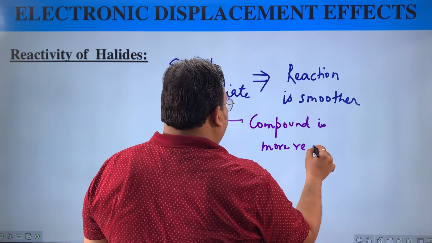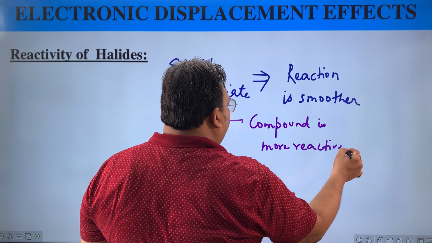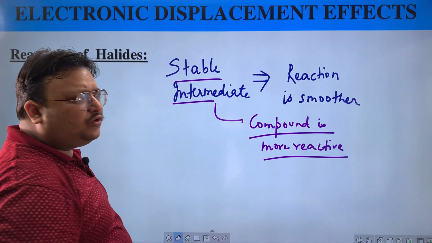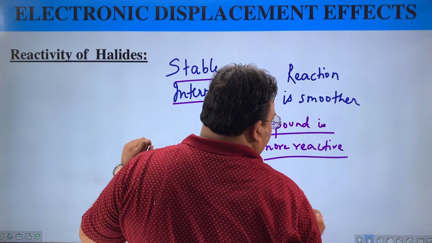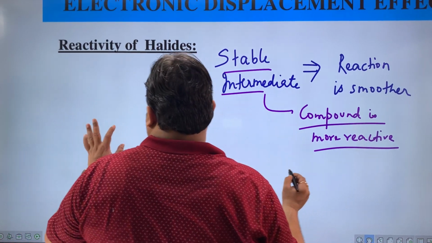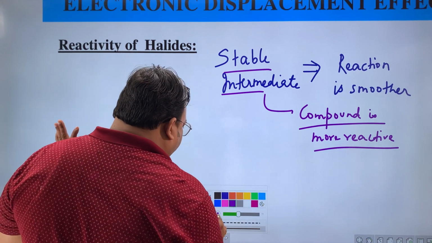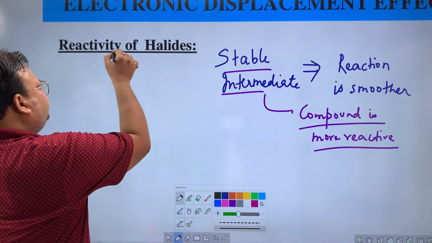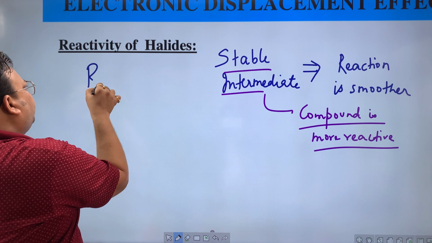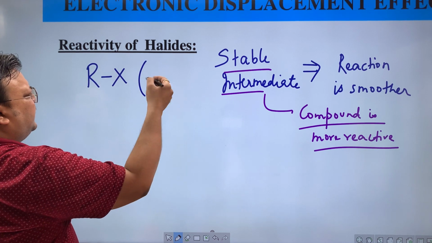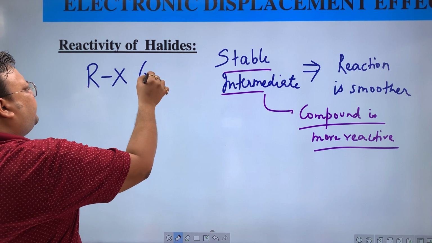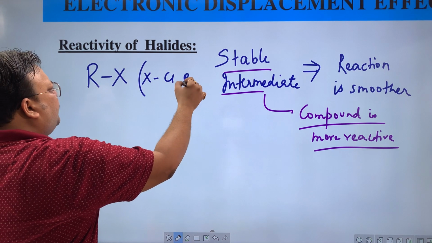So I told you the order of reactivity and all would help us in the reactivity of compounds down the line. First case which we want to see right away is reactivity of halides. These are general discussions. Halides will have a representation like RX. Fluorides are very rarely worked with. So this X is generally chlorine, bromine or iodine.